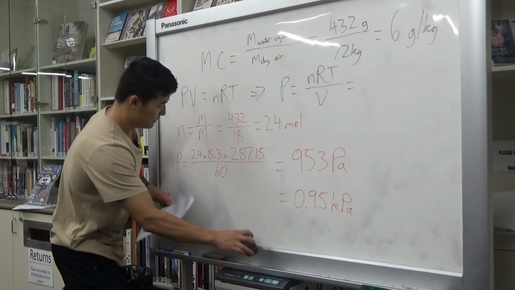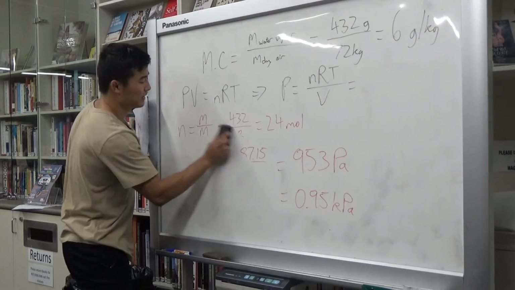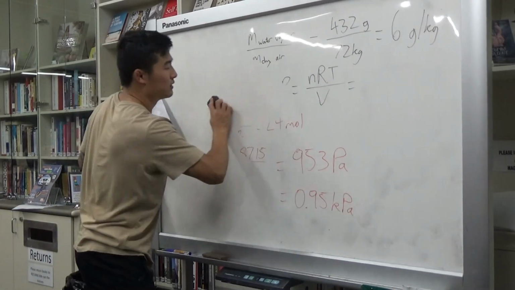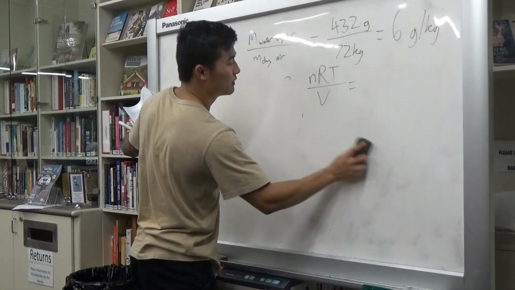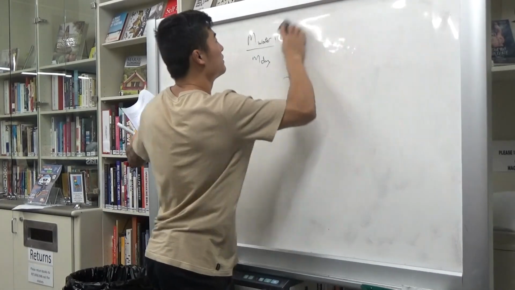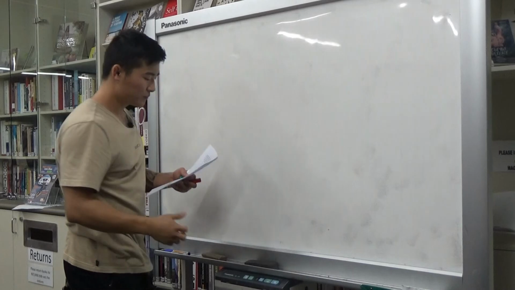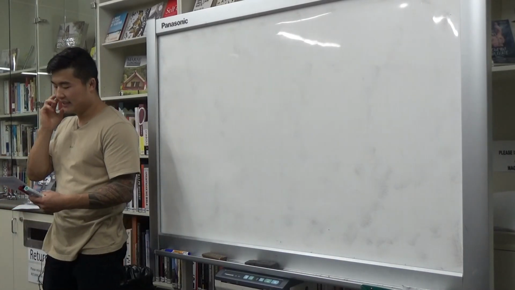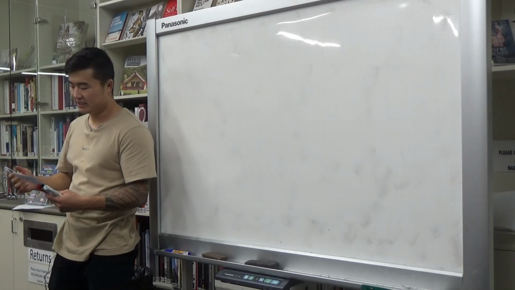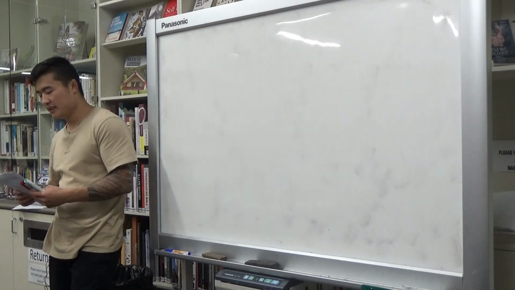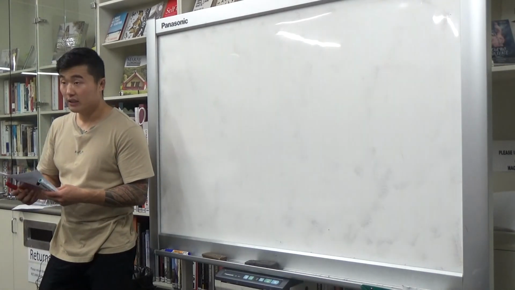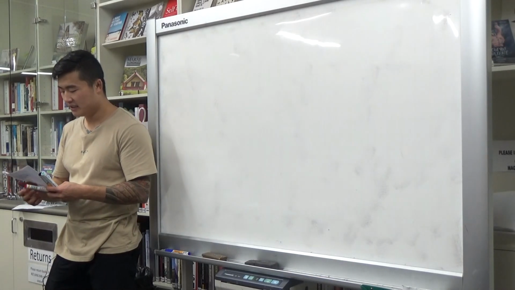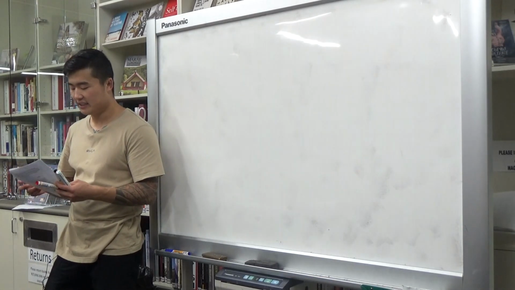Okay, number 3. We have a greenhouse with a volume of 22 meters cubed at an air temperature of 33 degrees Celsius and a relative humidity of 80%. The greenhouse is sealed and the temperature inside drops to 14 degrees Celsius overnight.